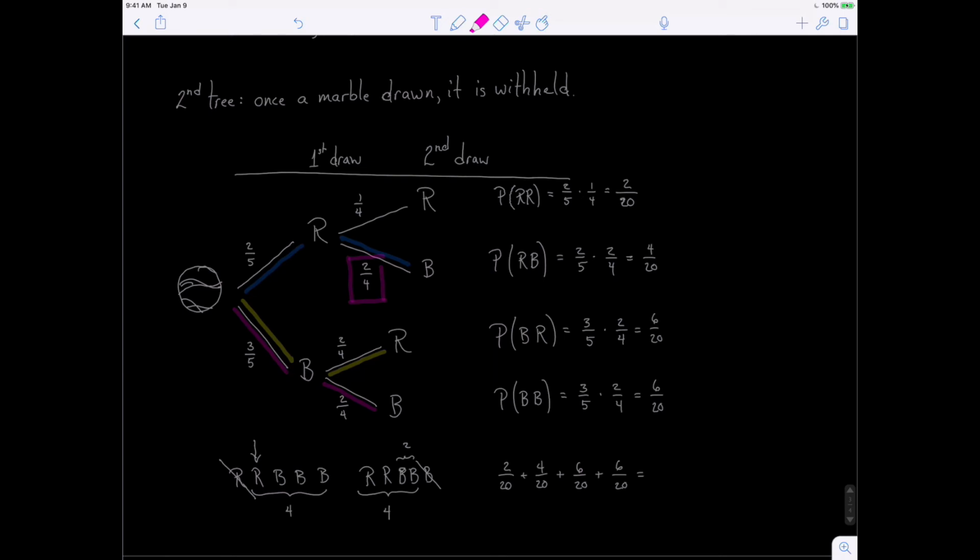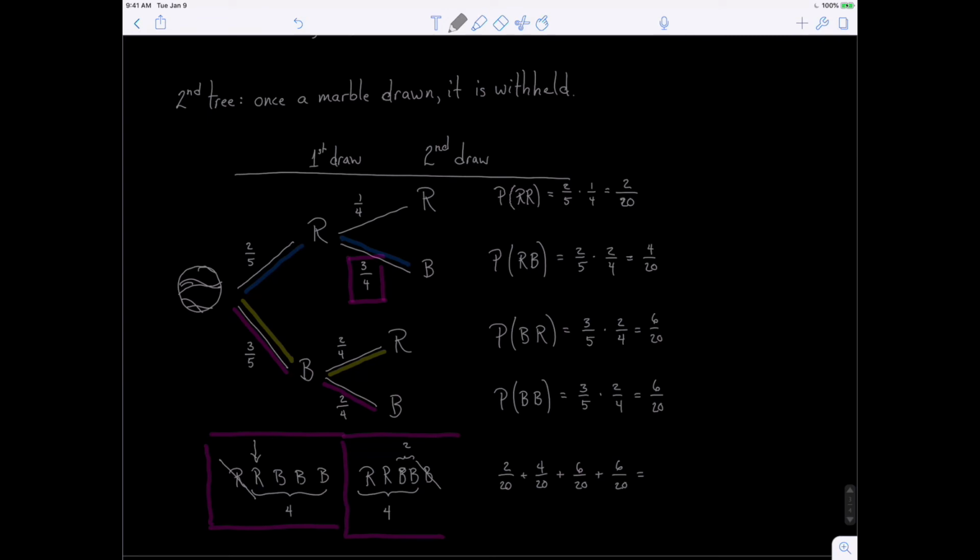Notice down here, if I went way back here, that what we said was that originally, I'm sorry, is this one. If we first draw a red, then there's 3 blues in there. So it shouldn't be a 2, this right there, that should be a 3.